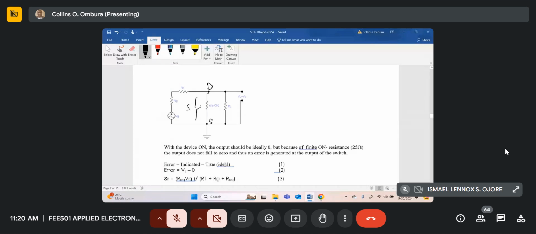Now, let me just emphasize one point over here. For chopper FETs, manufacturers actually manufacture FETs for choppers.